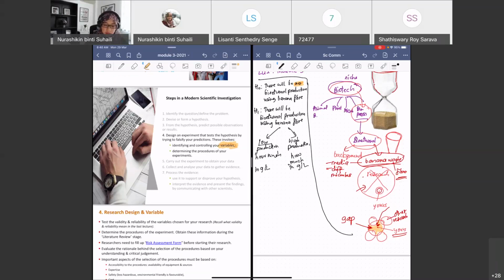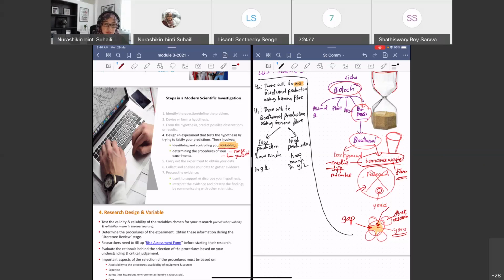Now we talk about different terms, each with its own meaning. First variables, then we talk about range and how you control the variable. But first, what is a variable? What do you understand by variable?